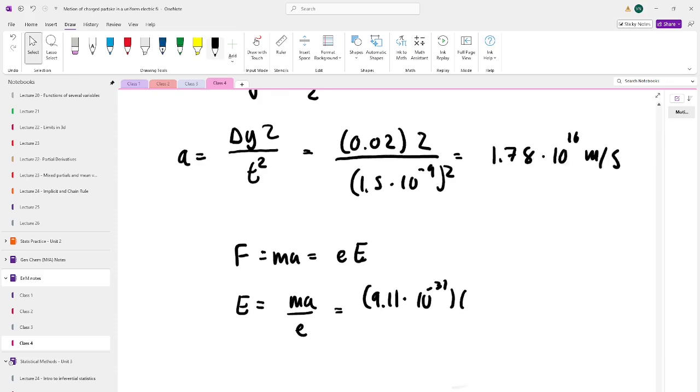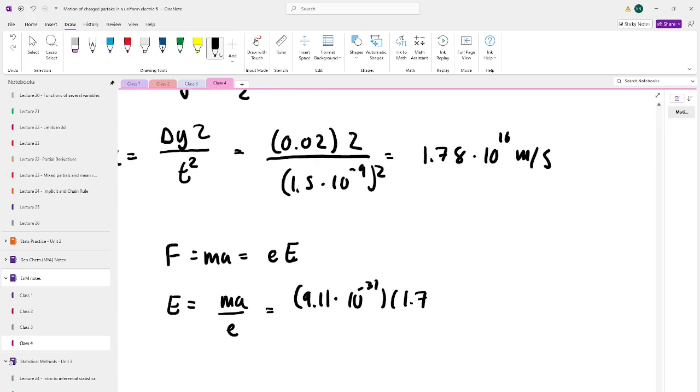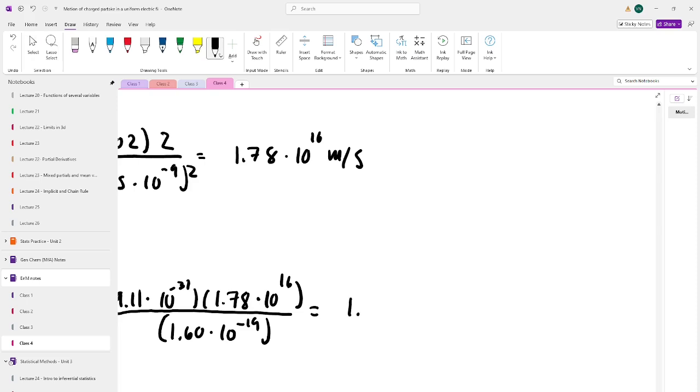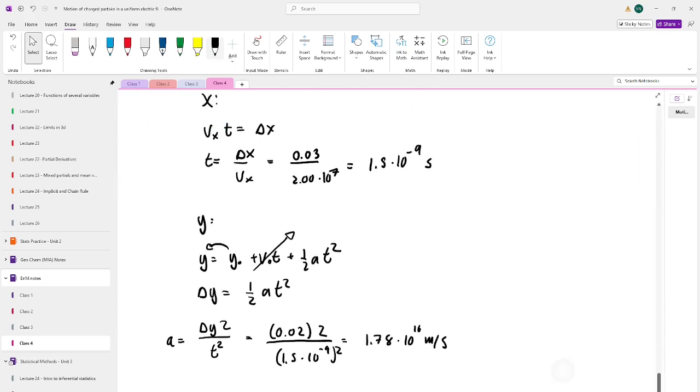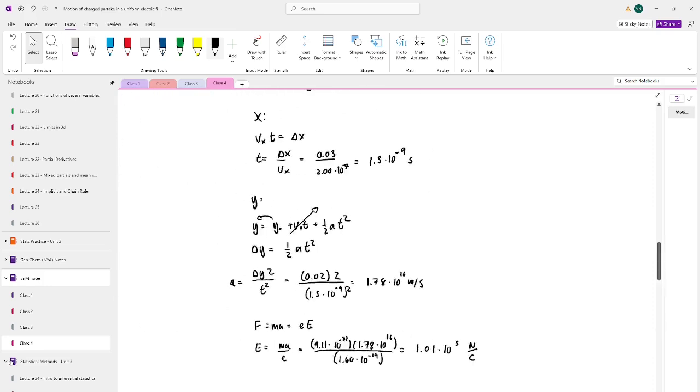And then we just calculated its acceleration, which is 1.78 times 10 to the 16. And then we can divide by the fundamental charge of an electron, which is 1.6 times 10 to the minus 19. So we can punch that in as well. And that gives us 1.01 times 10 to the 5. And of course, because we just calculated an electric field, the units are newtons per coulomb. So that's how we get to our answer.